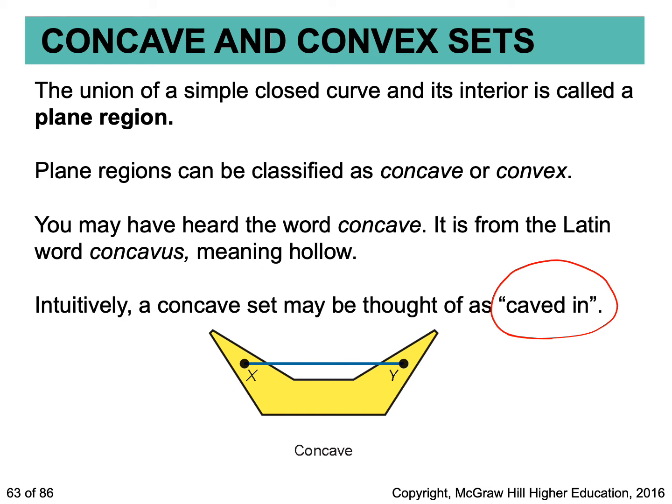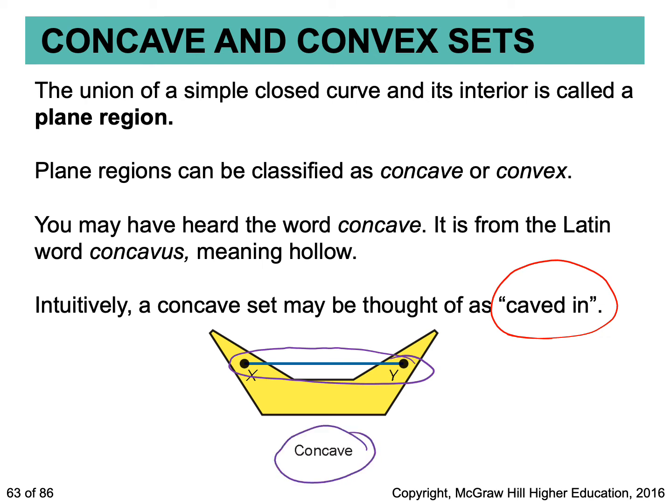The technical definition of concave is, notice how we have point X and point Y on the inside of our figure, but the segment that is connecting X and Y goes outside of the shape. So it's concave.